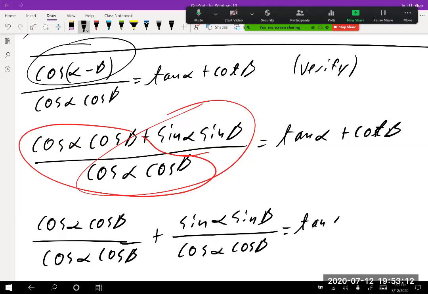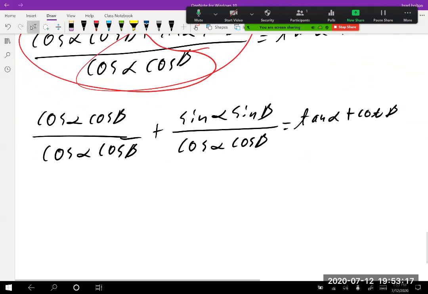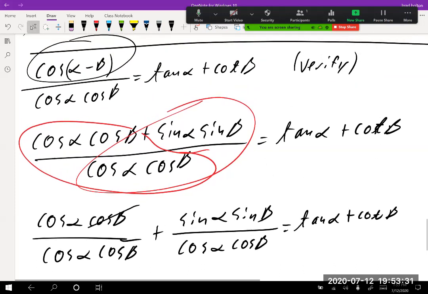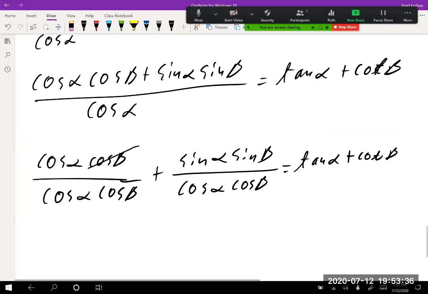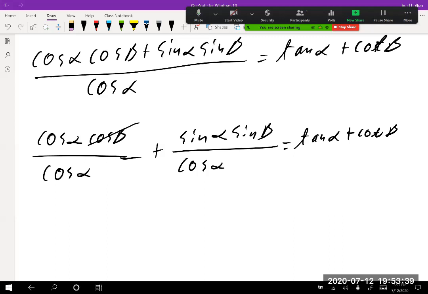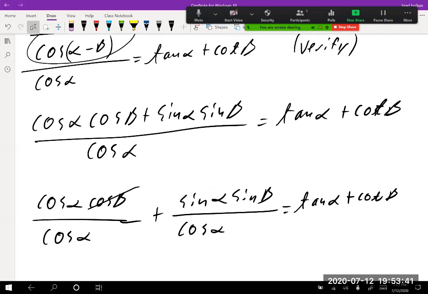And that better be tan alpha plus cotan beta. So now we can clean this up even more. I think I wrote it wrong, to be honest with you. Sorry about that, you guys. I knew something was wrong. I was like, well, that's too perfect. So this is cosine alpha sine beta over cosine alpha sine beta.